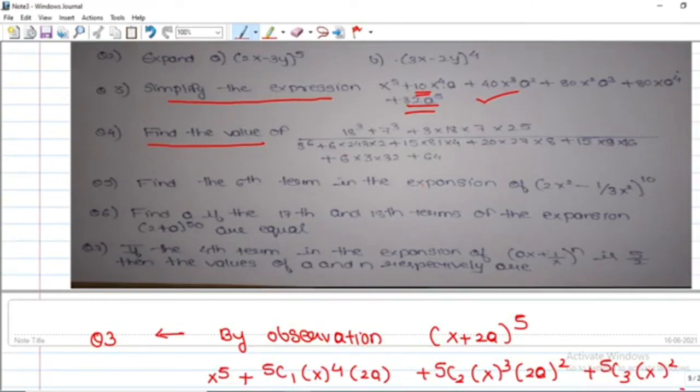Now if you observe here, 18 cube, then 7 cube, then 3 into 18 into 7. Don't you think this is nothing but the a plus b whole cube expansion, given in the second format, which was a cube plus b cube plus 3ab into a plus b. Remember, there were two formats of writing a plus b the whole cube. That was the reason I mentioned it to you in the starting when I was doing the revision.